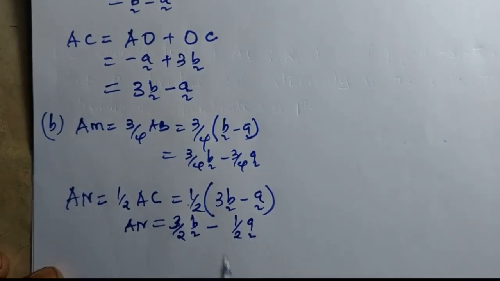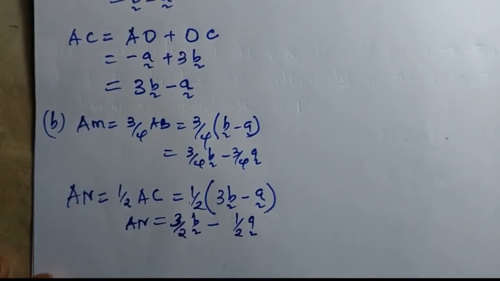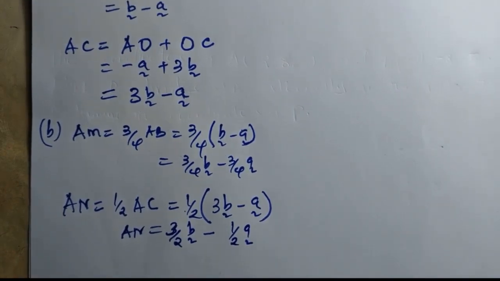You multiply the half times everything inside. Very nice. So once we have expressed it that way, we need now to express OM and ON.